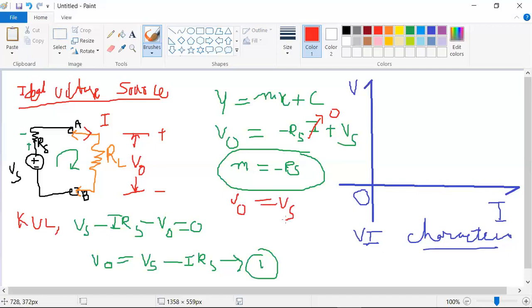There are two cases which are possible. The first case: in equation 1, when the current is 0, that means when my load resistance is removed, the current is 0.